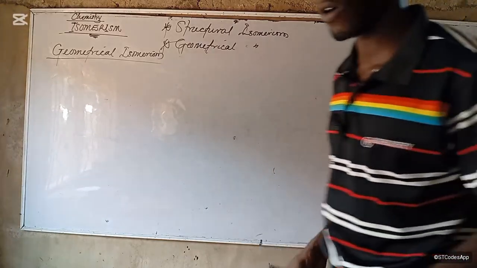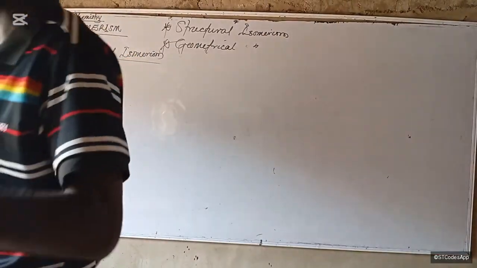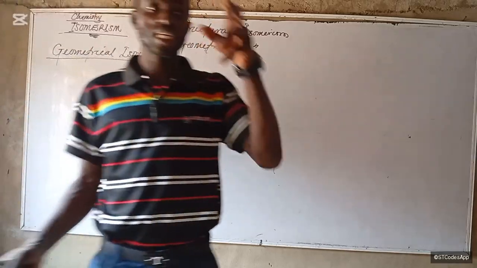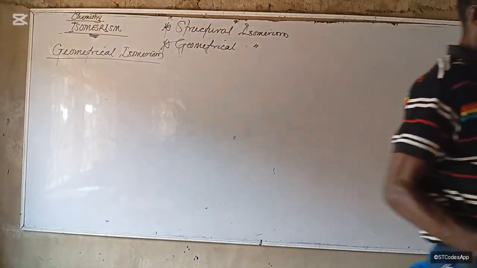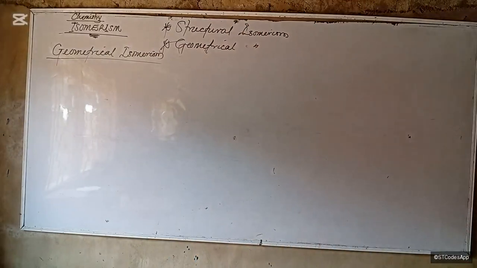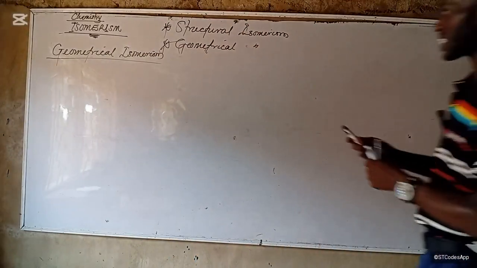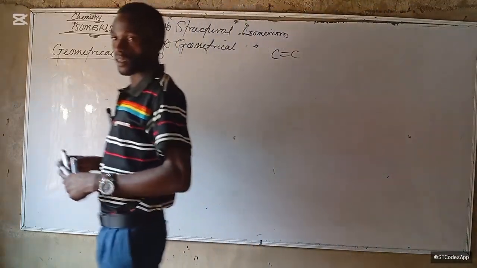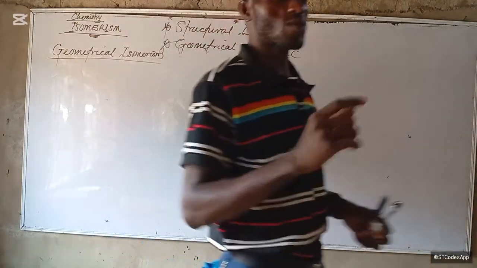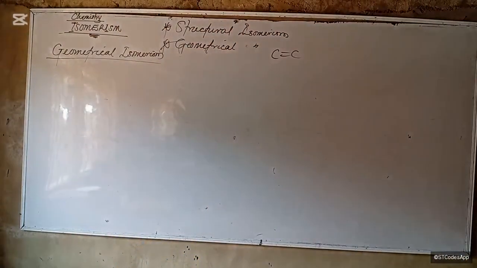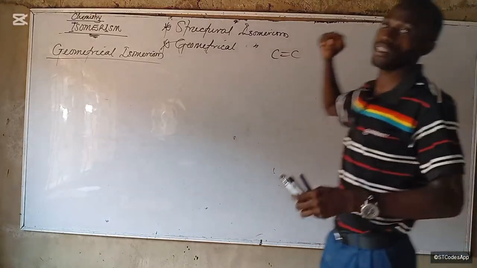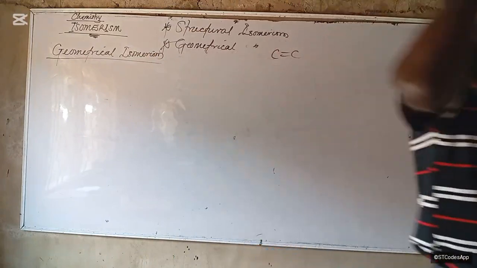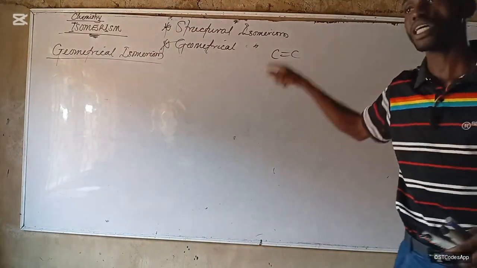Which, as we recall, do not allow for free rotation about the carbon to carbon double bond. Carbon to carbon double bond, that's what I mean. Do you get now? So when you have a molecule like this, that's when you can have geometric isomerism.